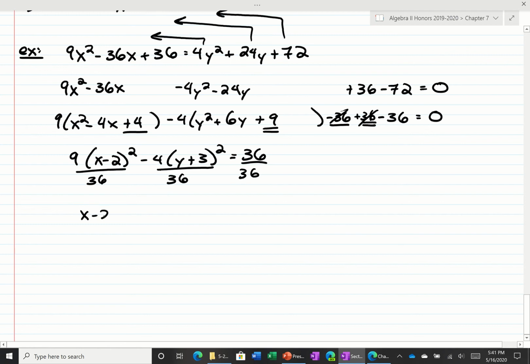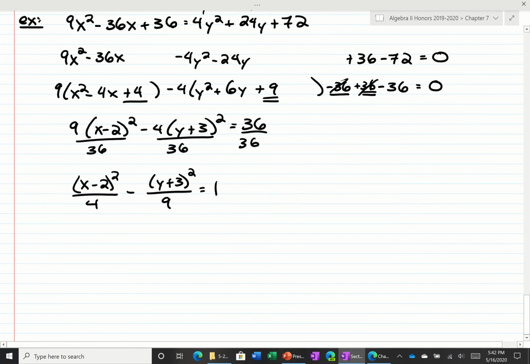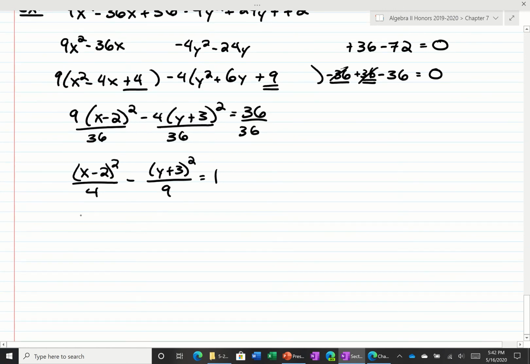And we get x minus 2 squared over 4 minus y plus 3 squared over 9 is equal to 1. And then we could find our components. This looks like it's horizontal because the x comes first. A squared is 4, b squared is 9.